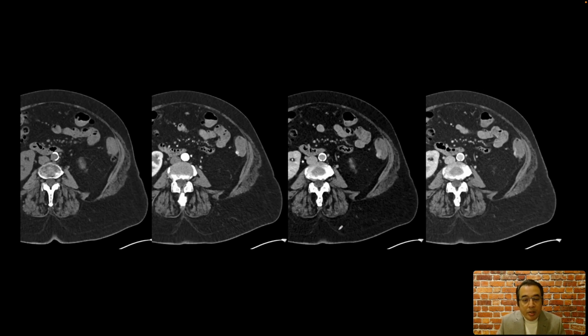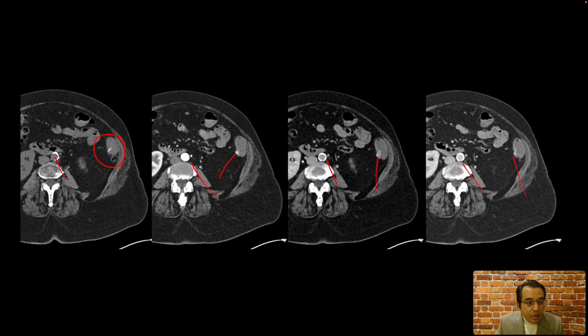Here's our next patient. They presented with lower GI bleed, or they were passing bright red blood per rectum, and a multi-phase CT was performed to localize the source of bleeding. So we have non-con, arterial, and more delayed images from the CT scan showing the descending colon with contrast extravasation, and on more delayed images, the contrast dissipates in the lumen of the bowel.